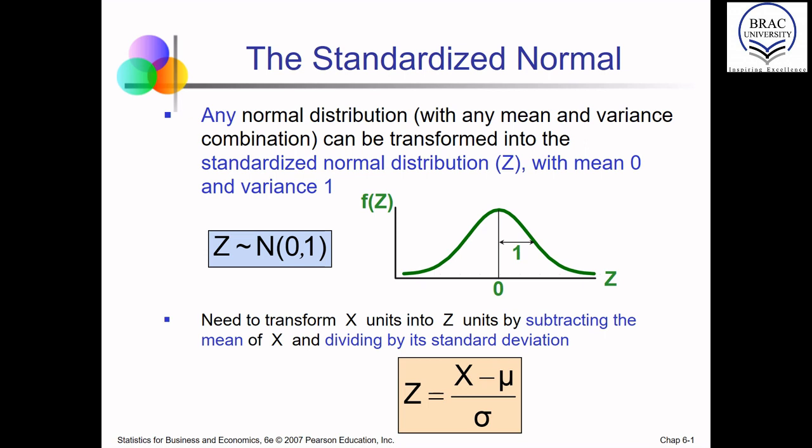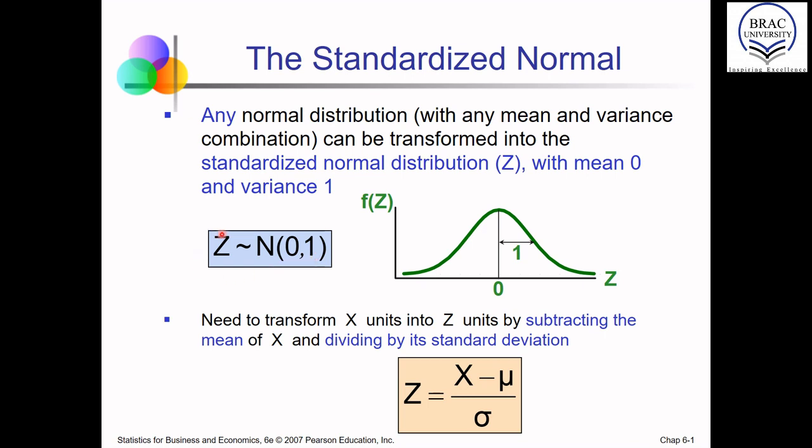A standard normal distribution's mean, or mu, is always 0 and its variance is always equal to 1. Hence, a standard normal distribution is expressed like this: Z is normally distributed with a mean of 0 and a variance of 1.